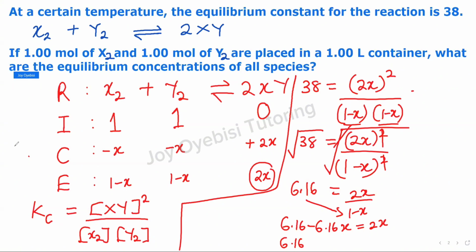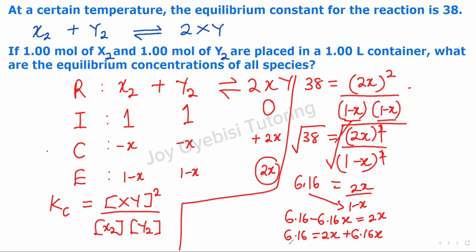On the left-hand side, that will cancel out. So you have 2x plus 6.16x. So this is going to give us 6.16 equals 8.16x if you add this up.